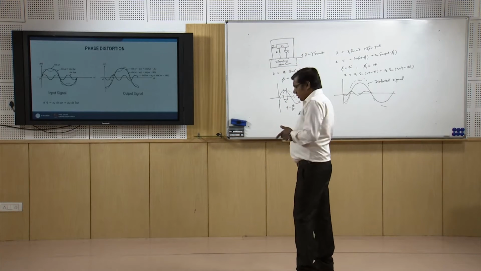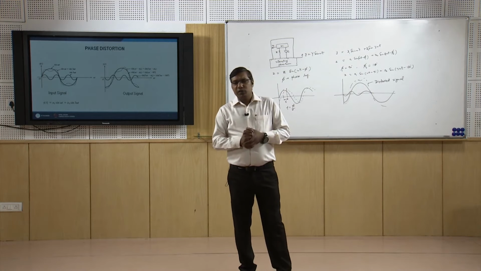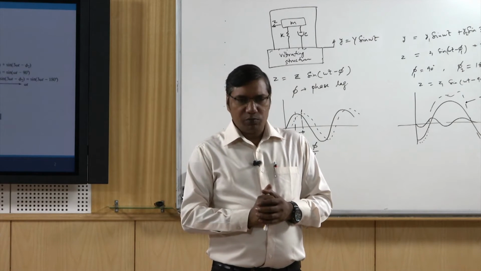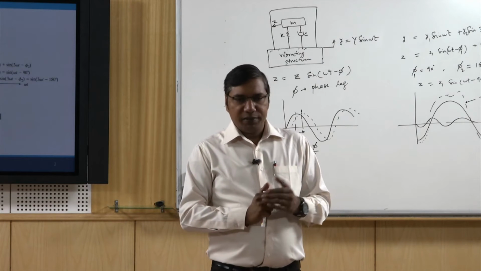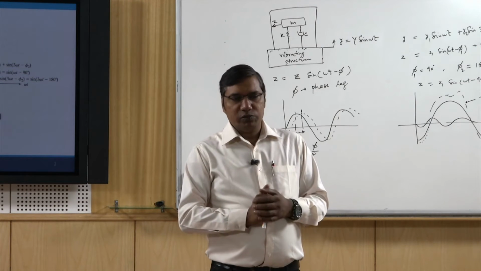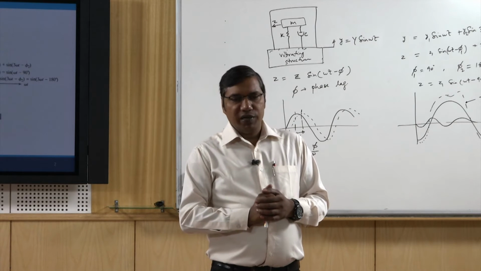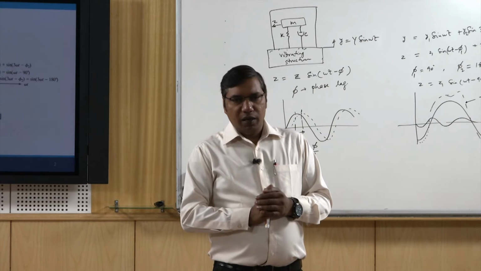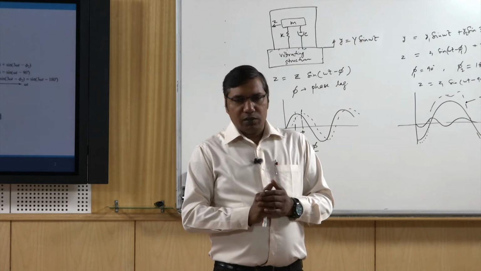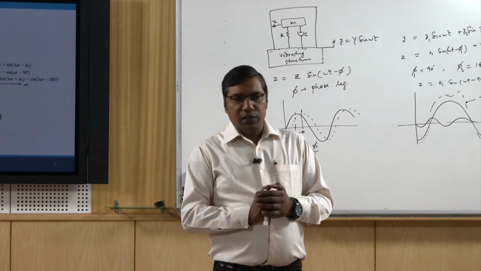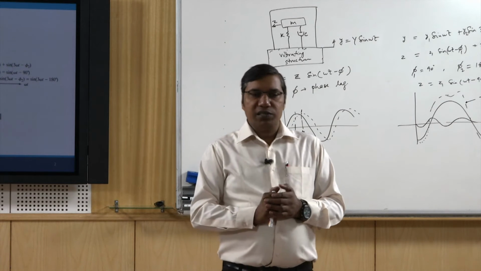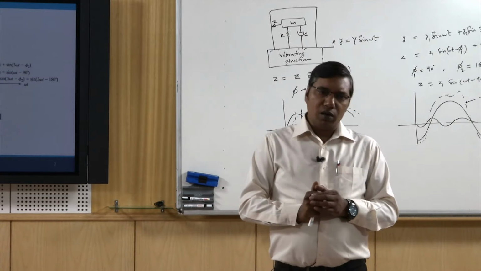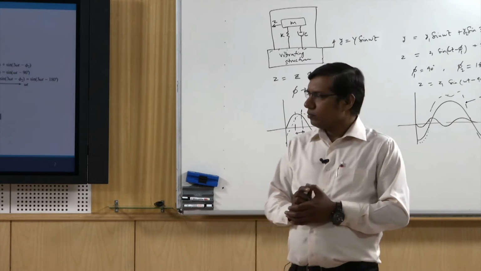So when there are signals with more than one harmonic, and they are subjected to different amounts of phase lag, when they are summed up the resultant signal gets distorted, and that is what we call phase distortion or phase shift error.